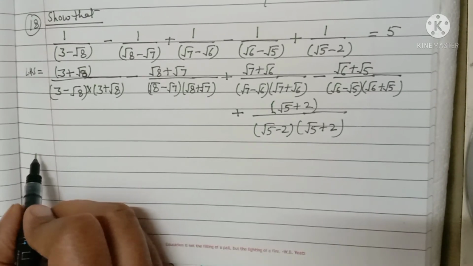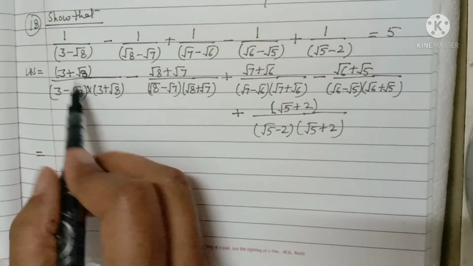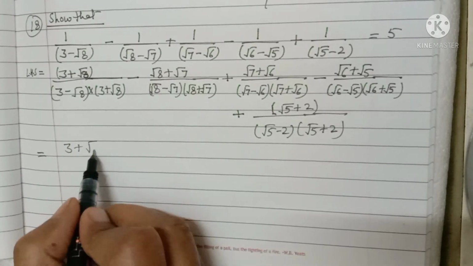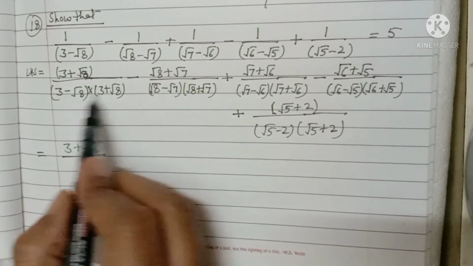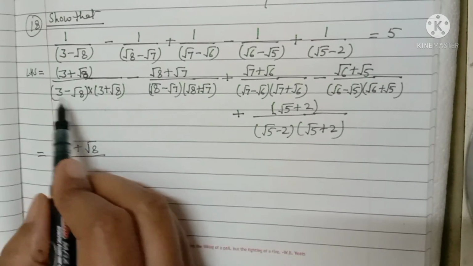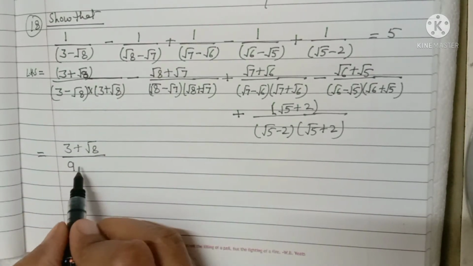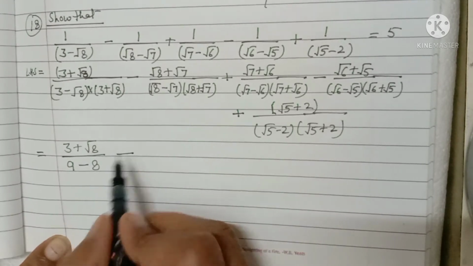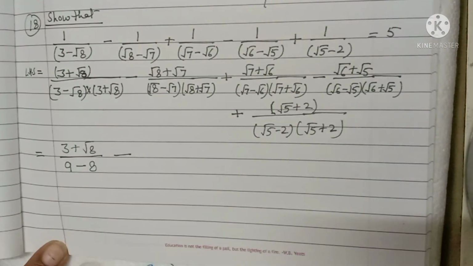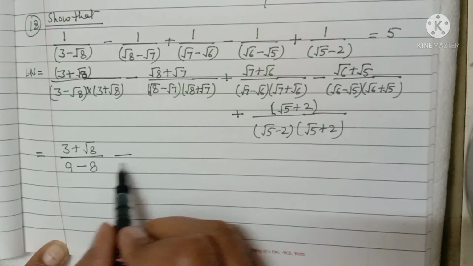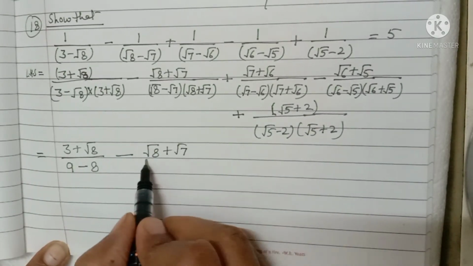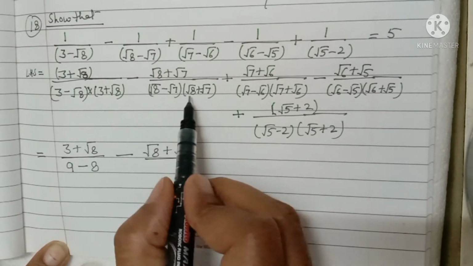So write down to solve it. This is 3 plus root 8, and this becomes a square minus b square means 3 square means 9, and root 8 square means 8. Now minus, now root 8 plus root 7 upon, this is a minus b, a plus b.